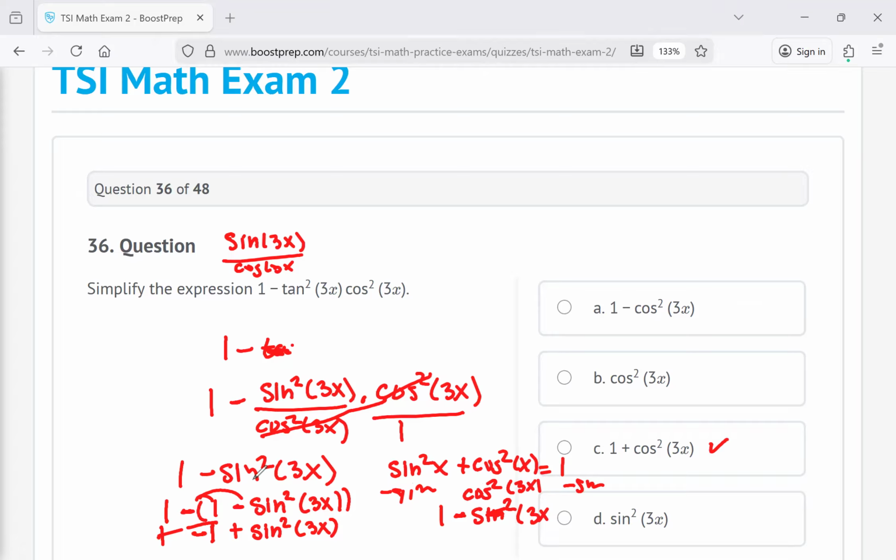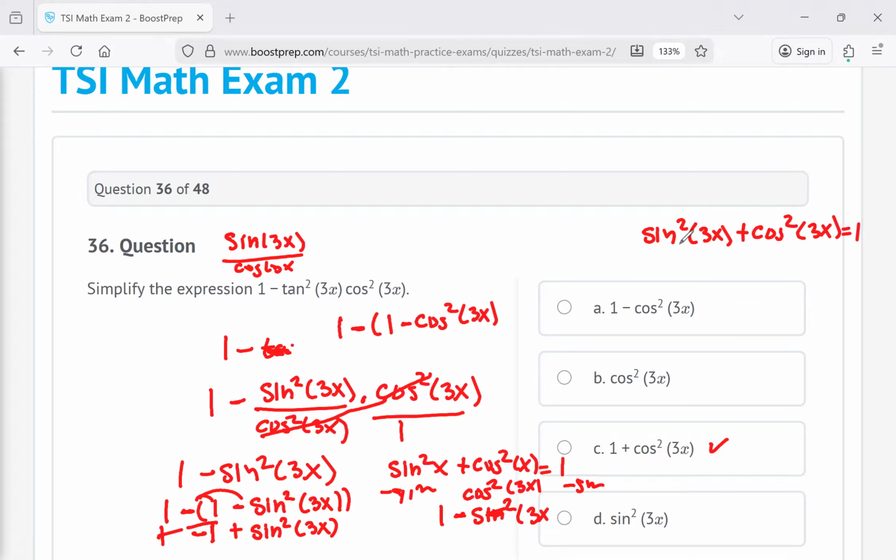So here, let me do this again. It's going to be 1 minus, and then we're going to replace sine squared x, and you get cosine squared. It's going to be 1 minus cosine squared 3x. Does that make sense? Here, I'll show you. We use the Pythagorean identity: sine squared 3x plus cosine squared 3x equals 1.